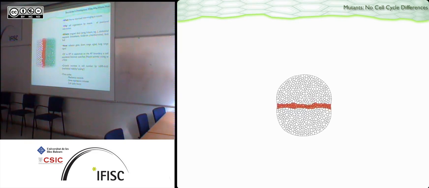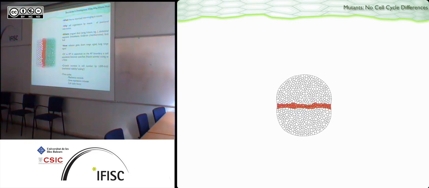If I want to make compatible a disk that is growing with a population that is growing in 1D, I come to the conclusion that the duration of the cell cycle for these cells has to be twice the duration of the cell cycle of the cells that are in the compartment. And this is something that we also implemented.